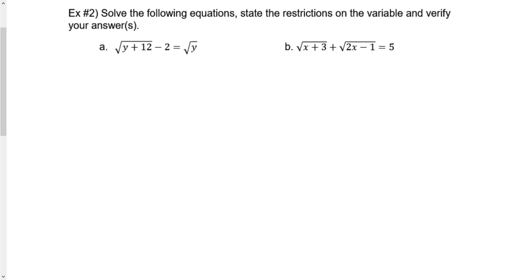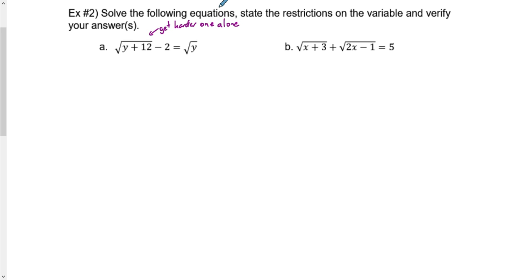My suggestion, sorry, actually, I should write it this way. Get the harder one alone.